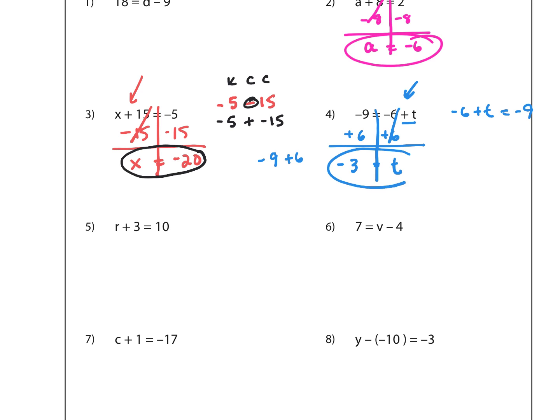So the solution is negative 3. If we wanted to check this, we would write negative 9 equals negative 6 plus t, and we think that our t is negative 3. This is what we think t equals. So if I added negative 6 plus negative 3, it would indeed be negative 9.